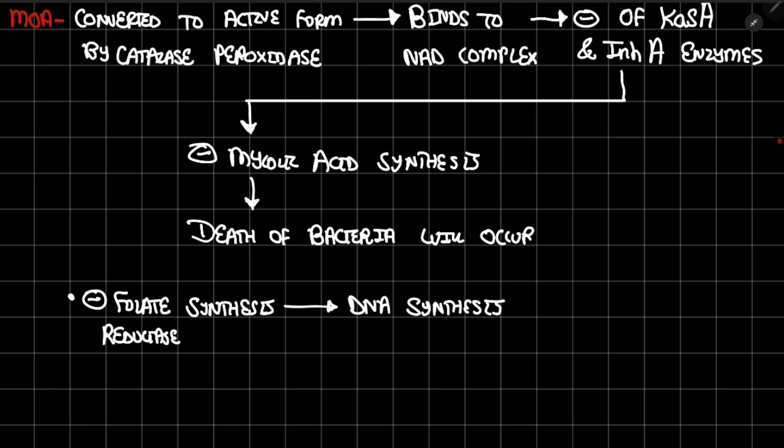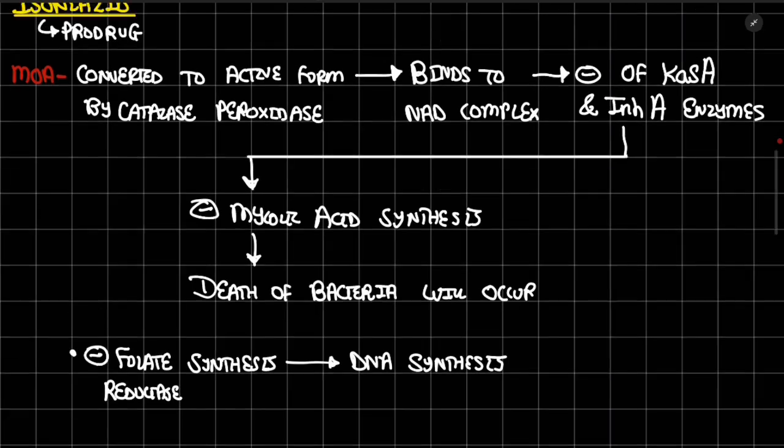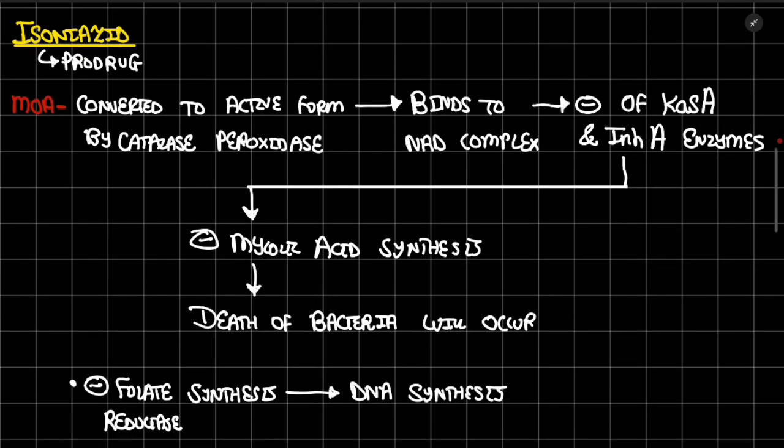So folate is not formed, which is required for DNA synthesis. In the mechanism of action, we understand two things: that isoniazid is acting on the cell wall and the DNA, and it is a prodrug. So this was the mechanism of action.